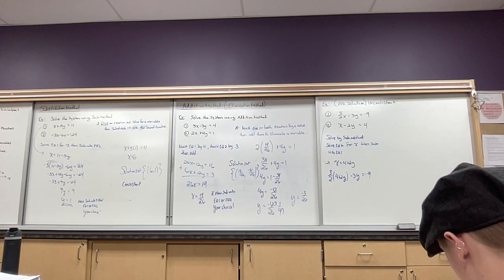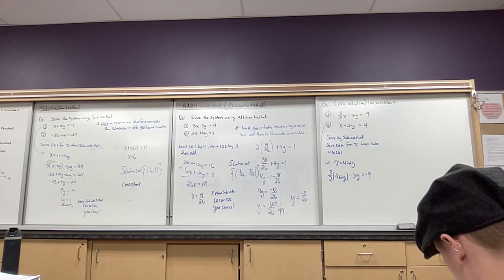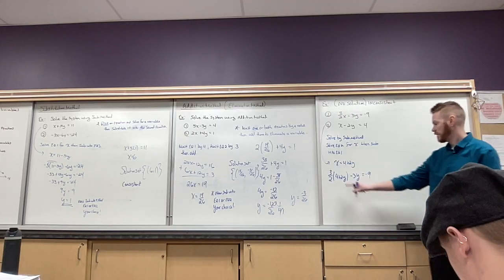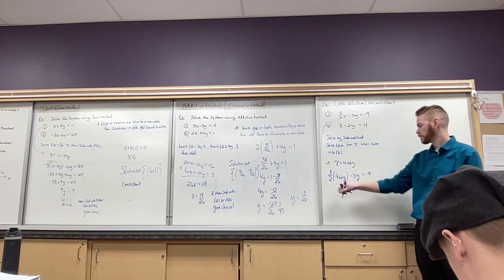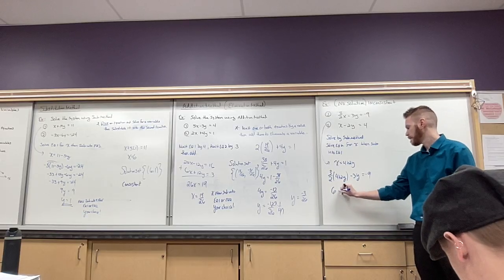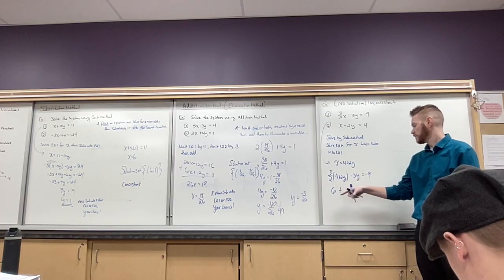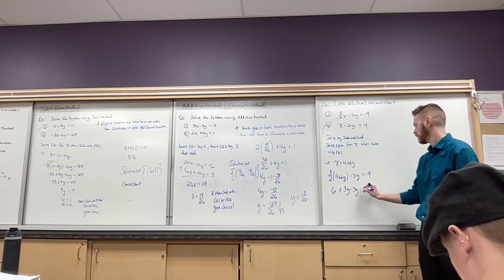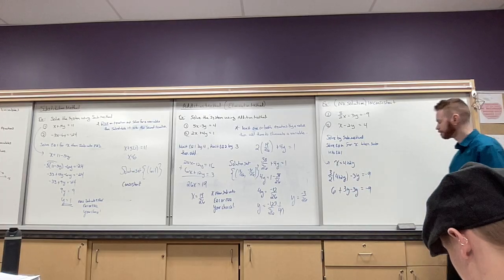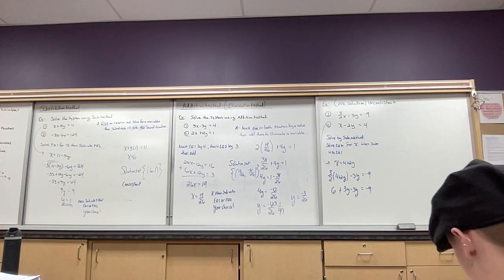Now even though there's a fraction there, this is going to work out pretty good. This would just be 12 over 2, which is 6 when I multiply it. Then this would just be 6 over 2, which is 3y, minus 3y equals negative 9. Now immediately I can see that the variables are gone.